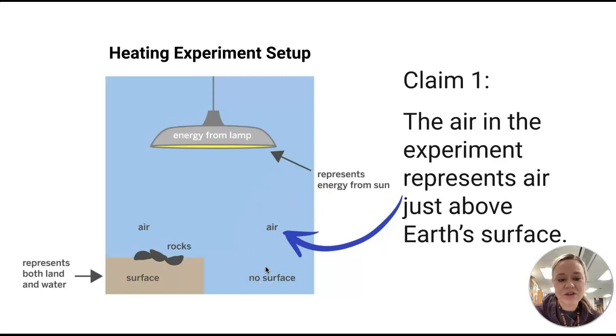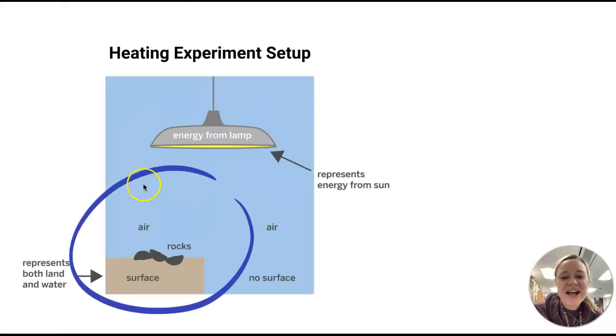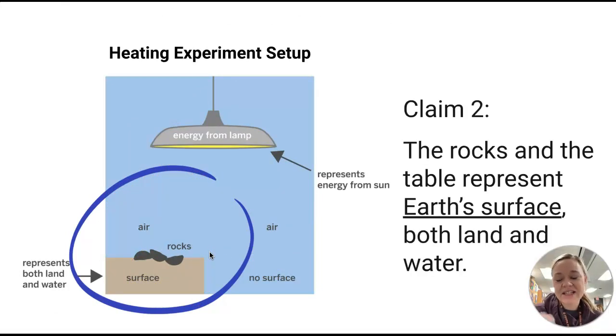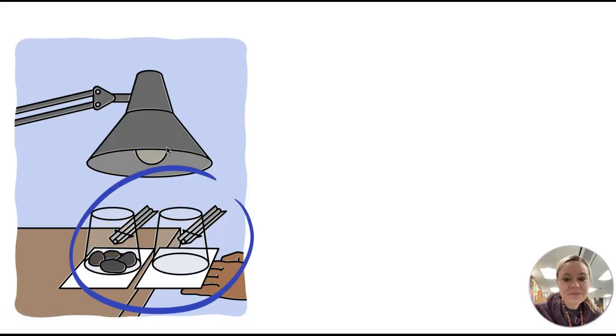And then we are going to also have some rocks, which is going to represent the land, so either water or land outside and our surface. So these three things are going to be how we set this up. So we have one that's going to help us understand claim 1, one that's going to help us test claim 2, and then we have our energy from the sun.